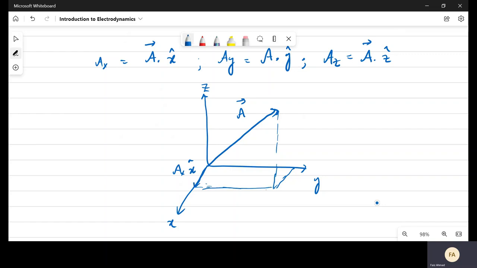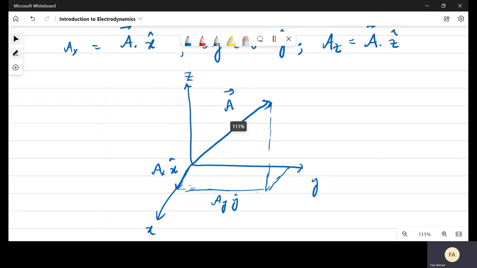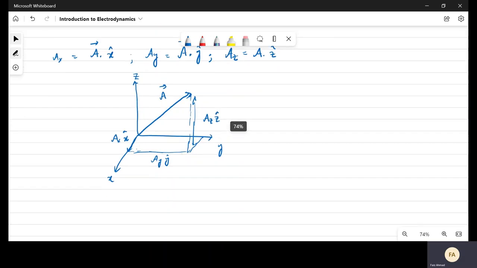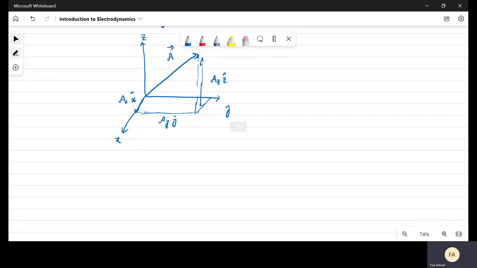This is y, so this is ay times y, which is the projection on the y-axis, and this height, which is z, is az, and the complete vector is az times the z unit vector. So this is how we represent a vector in the Cartesian coordinate system.